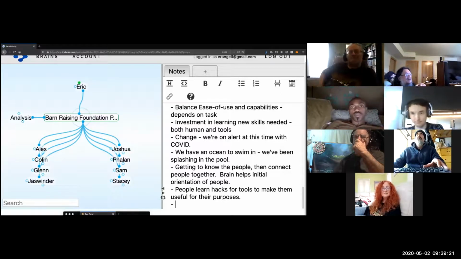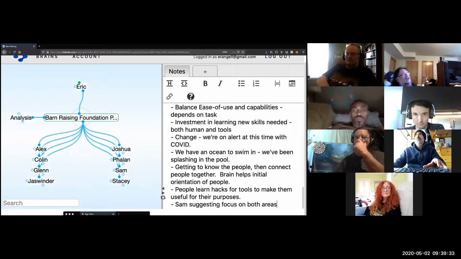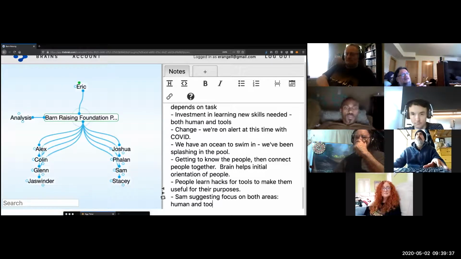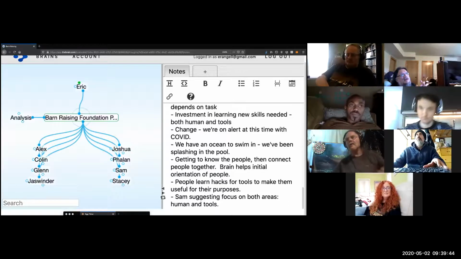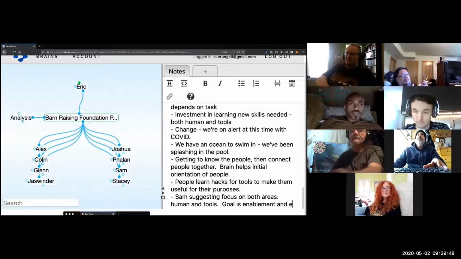Yeah. So I'm suggesting gently that focusing on both areas, the human system side of habits and values and motivation and personal preparation, as well as the tool side, which in my mind follows but also enables and empowers, is necessary. It's a two-way pursuit, at least in those two dimensions.